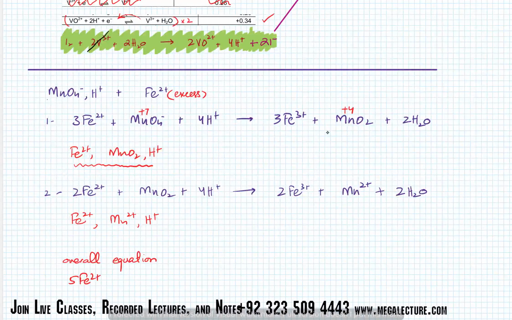The intermediates will get cancelled out. Plus MnO4 minus 1 plus H plus 1, and the product is 5Fe3 plus, Mn2 plus, and 4H2O.